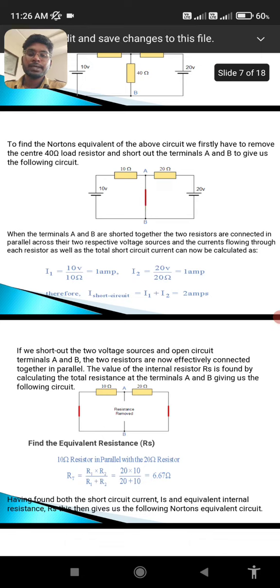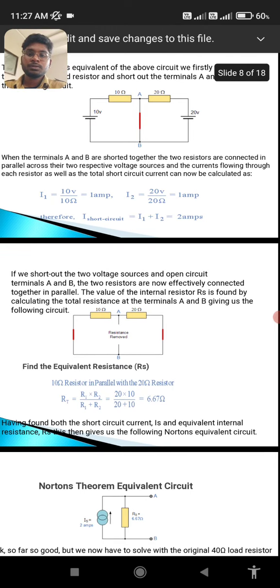When the terminals A and B are shorted together, the two resistors are connected in parallel across their two respective voltage sources, and the current flowing through each resistor as well as the total short circuit current can now be calculated as I1 = 10 volts / 10 ohms = 1 amp, I2 = 20 volts / 20 ohms = 1 amp. Therefore, I short circuit = I1 + I2 = 2 amps.